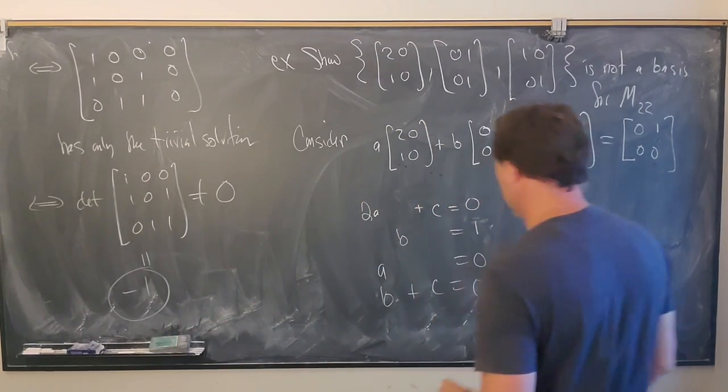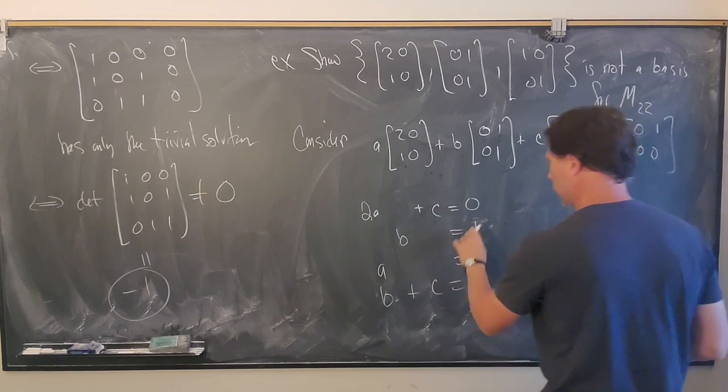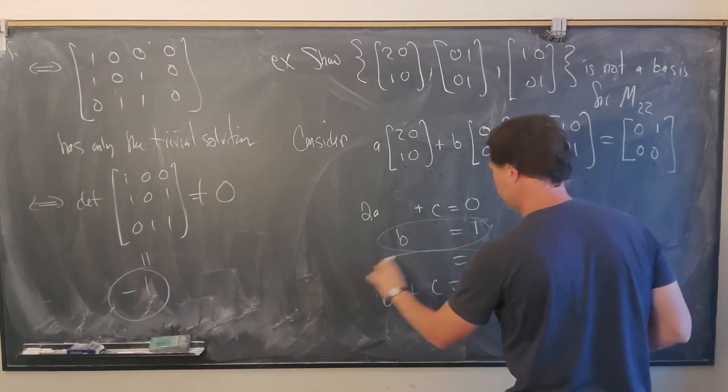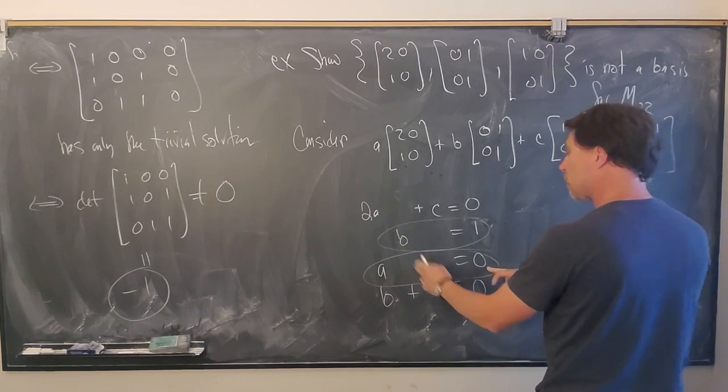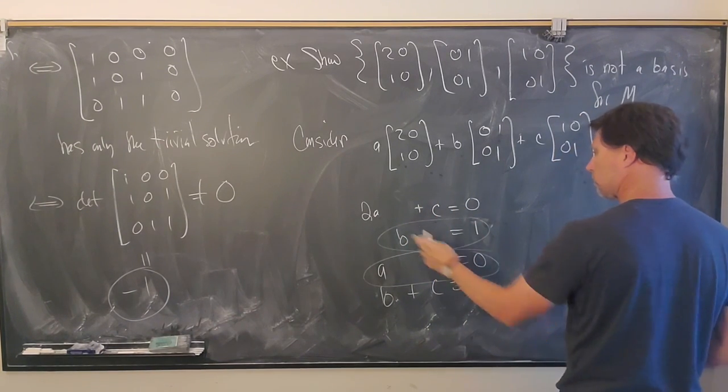All right, so A equals 0, B equals 1. So I want to focus on this. If A equals 0, that means C equals 0, right, from this first equation.